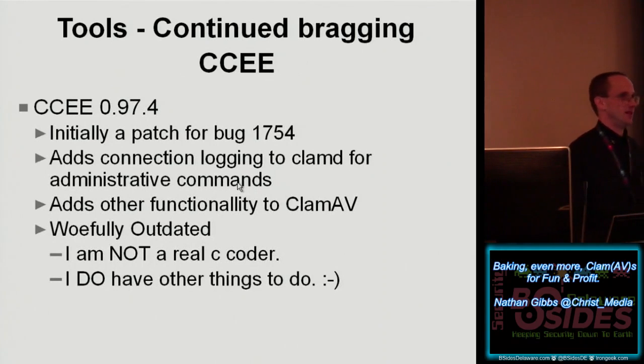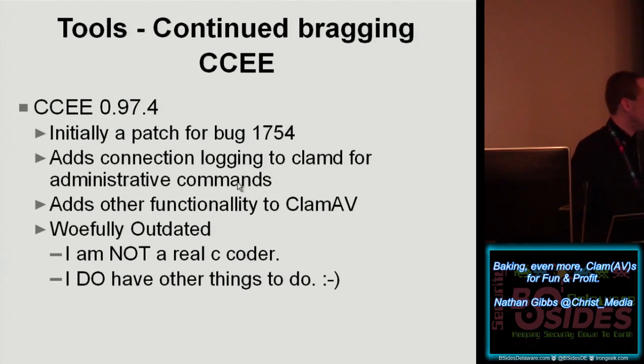CCEE, or ClamAV Common Execution Environment. It's a patch set I developed against some older releases of ClamAV. It was initially designed to fix bug 1754, which were some usage enhancements for the external event scripts. I've added some connection logging and some extra features to the ClamD server, which allows me to enumerate what databases are installed and how many signatures, that kind of stuff.